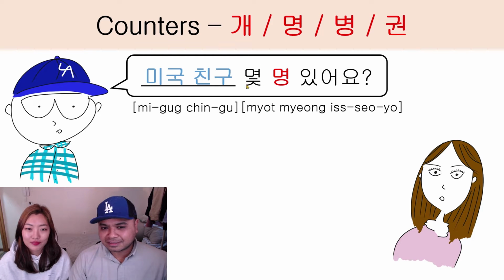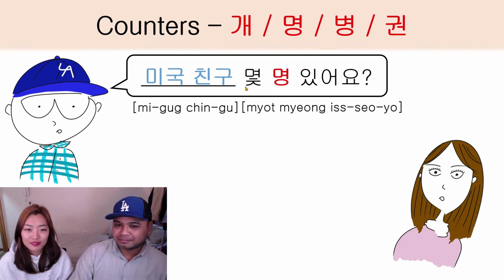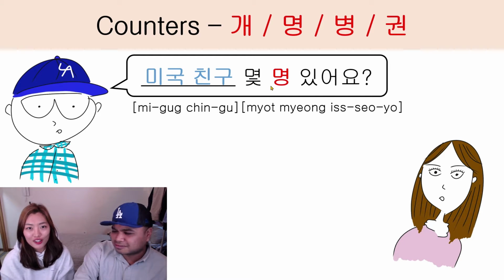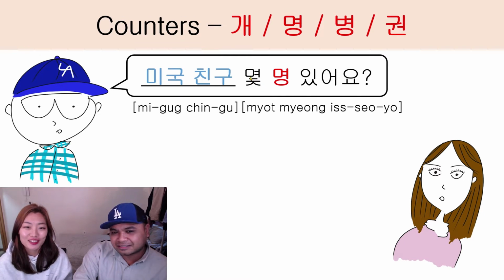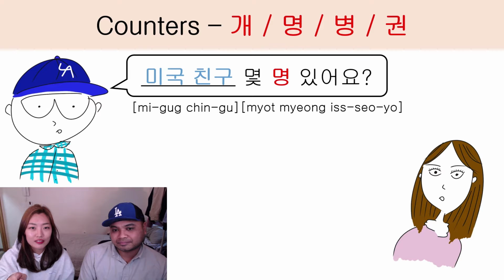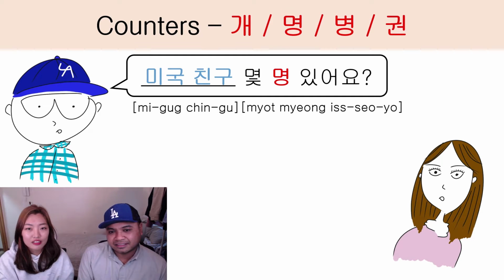Now, you said this a little bit different from last time. 몇 개. Now, is it 몇 명? I feel like this changed into like an M sound. Maybe it's because the next letter is like an M, so you kind of put the words together.